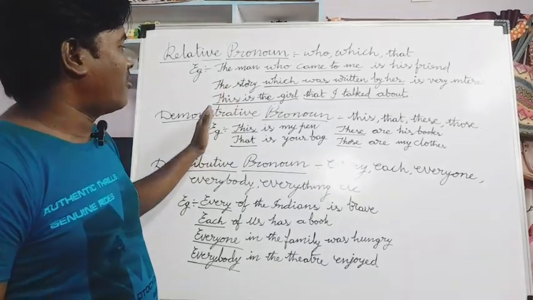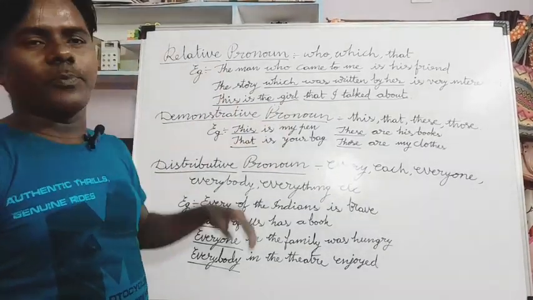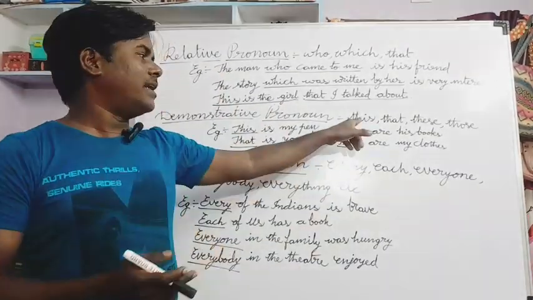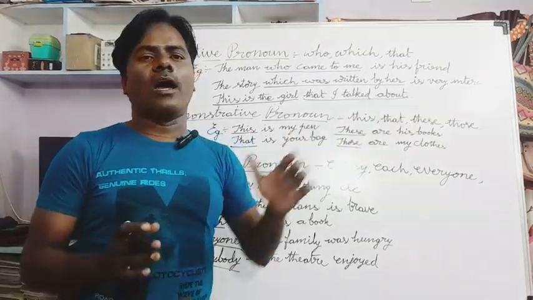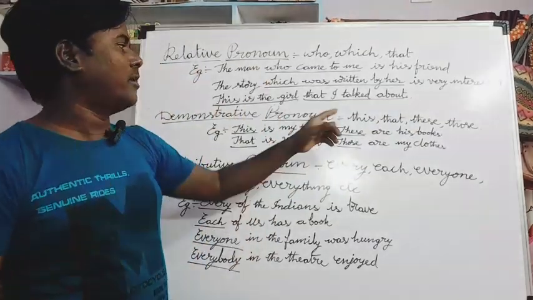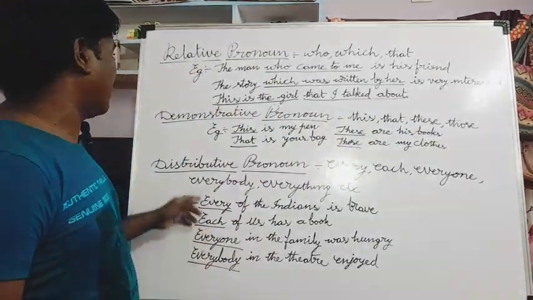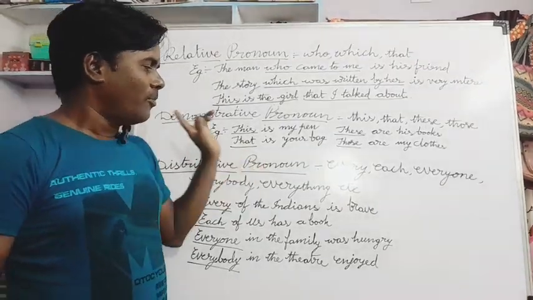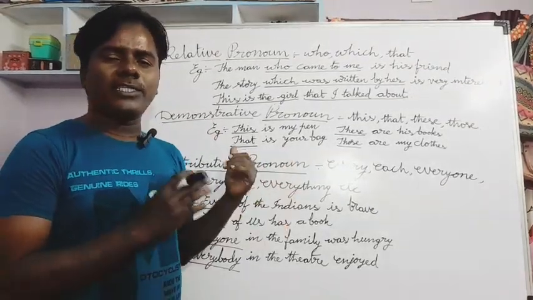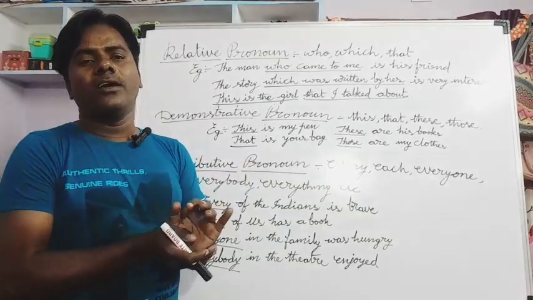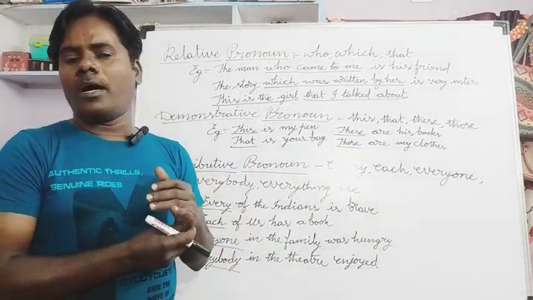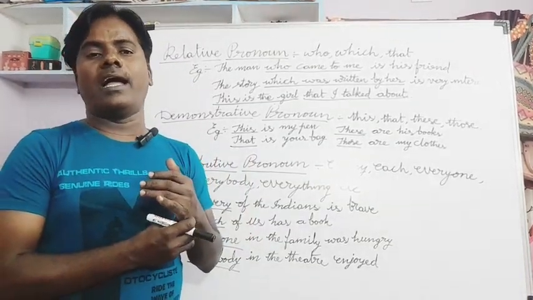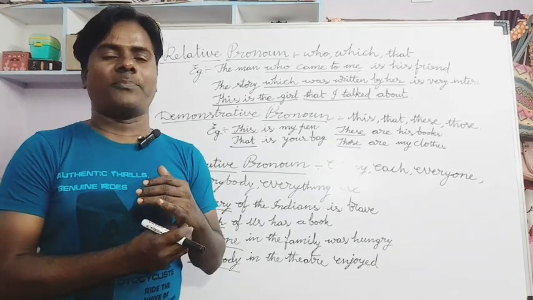This, that, these, those are demonstrative pronouns. Then the distributive pronoun is used to say about each and every person separately.